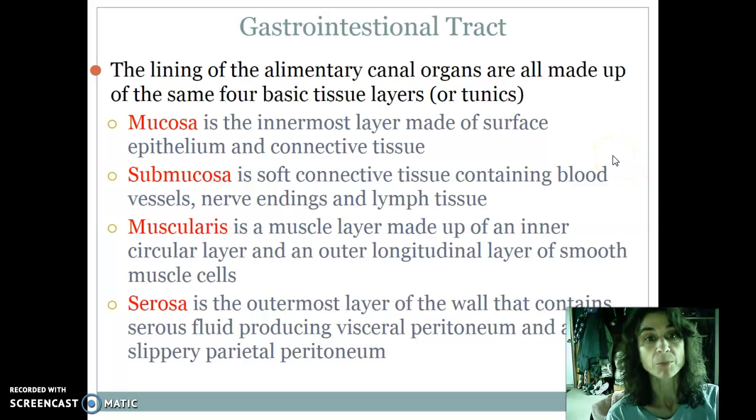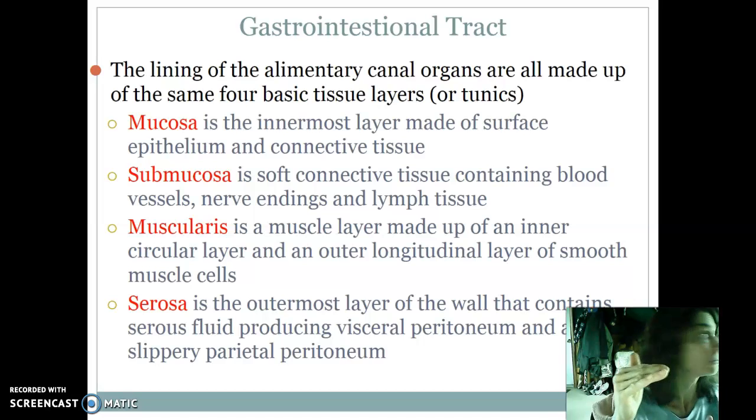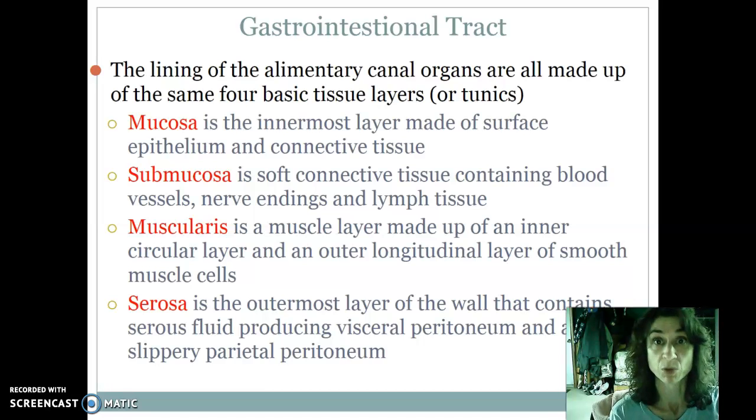Okay, now, all the organs of the gastrointestinal tract are made up of the same basic layers, or tunics, just like blood vessels. Okay? So there's 4 layers, and we're going to move from innermost layer to the outermost layer. The innermost layer is called the mucosa.